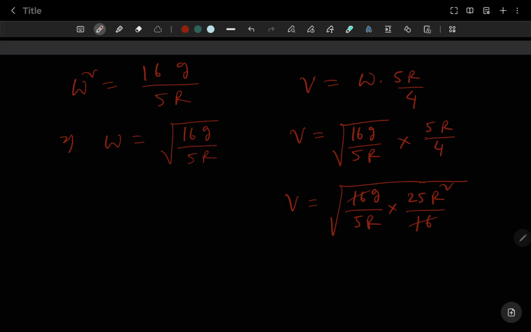So 16 is gone, and it will be r and 5. So it is 5 gr. So v is root over 5 gr. Okay, fine.